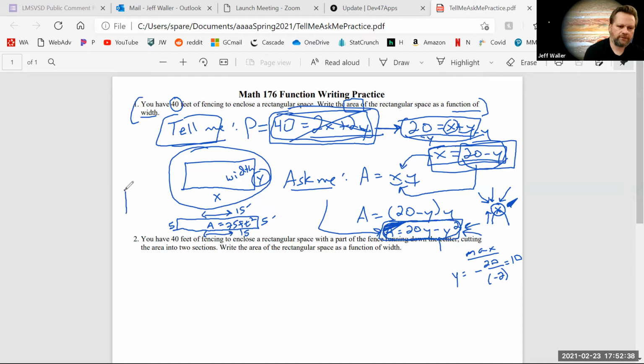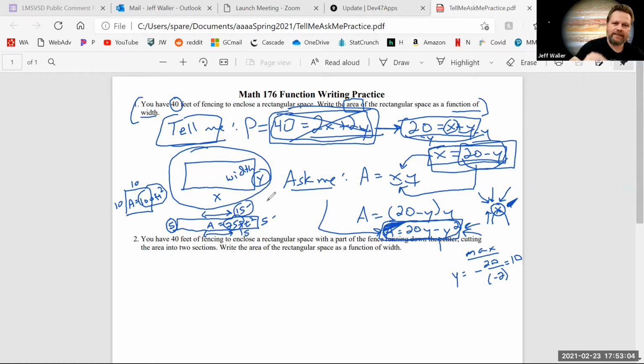So what about the answer I got? 10 by 10. What's the area of this? 100. So it's obviously more than this. As you change this and make this go up to 6 and this goes down, the areas will slowly approach 100 feet. And then you start making it wider than it is long, and it starts going down again.